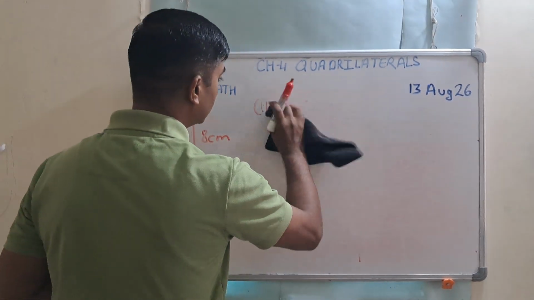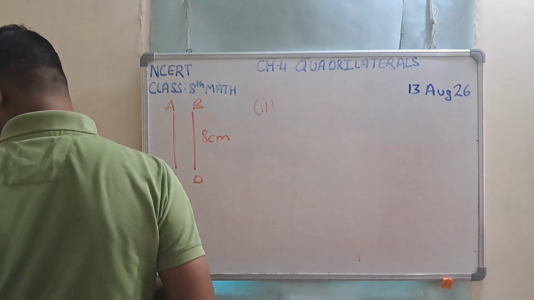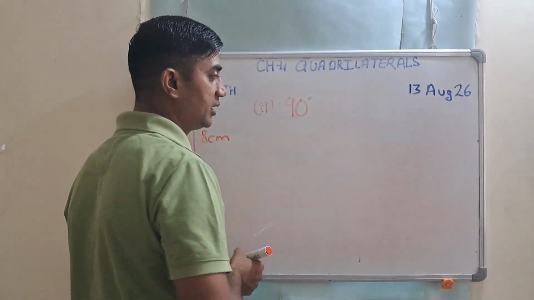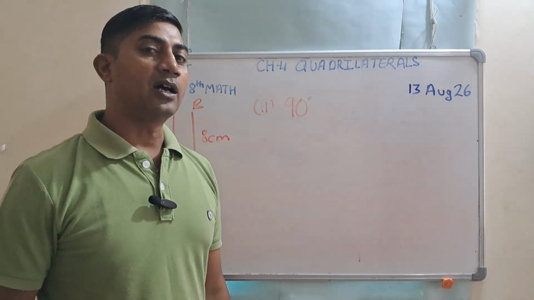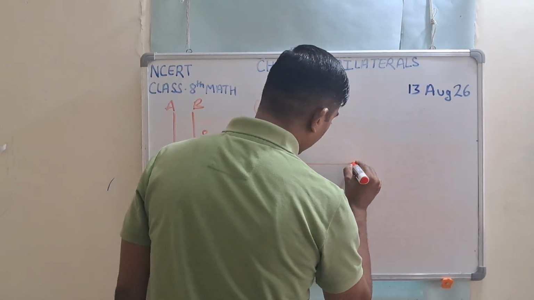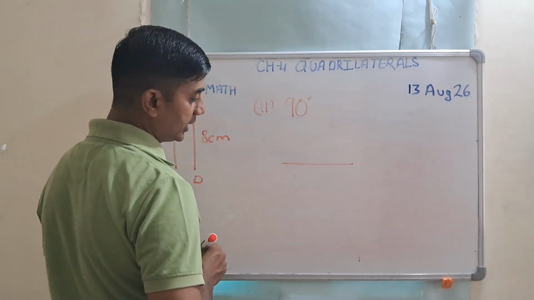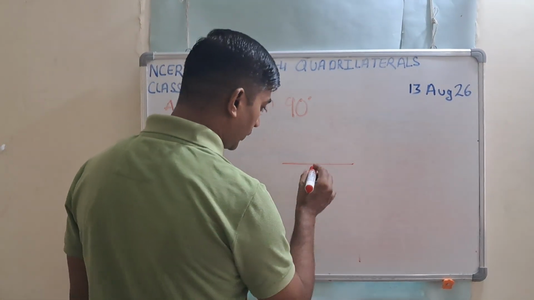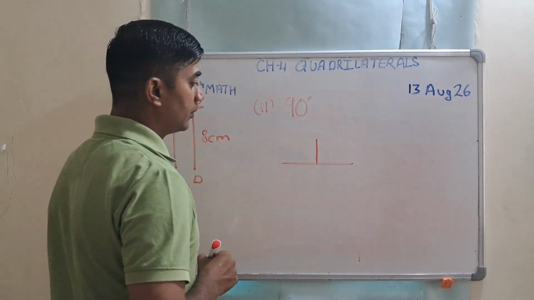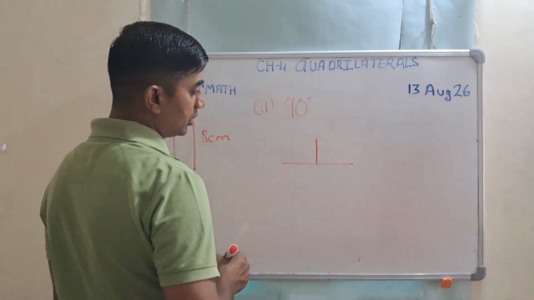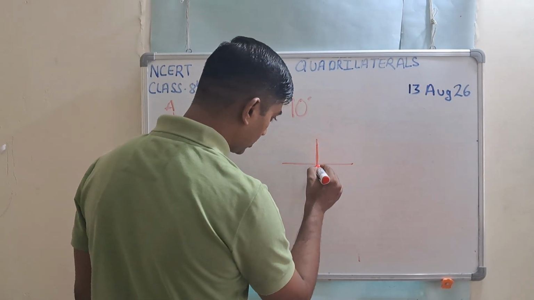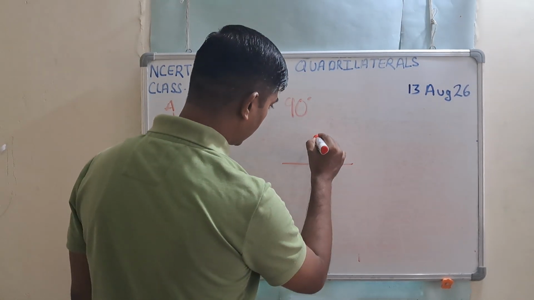The third angle is 90 degree. Now this is a special case, 90 degree. What does it mean? That it will be a square. Understood? For that, what you have to do? Same process, draw an 8 centimeter line, mark a midpoint, and from here by using the protractor, make a right angle, and its length should be 4 centimeter, and then extend it up to 4 centimeter.